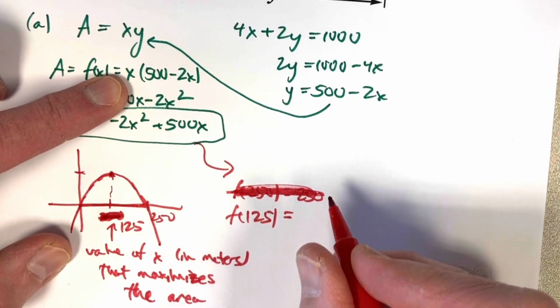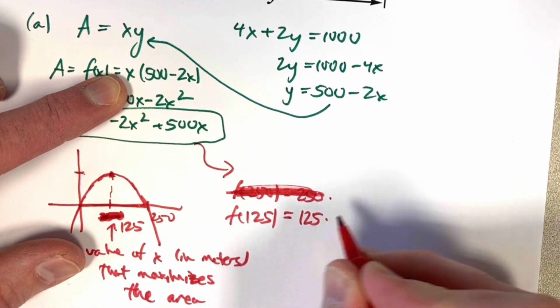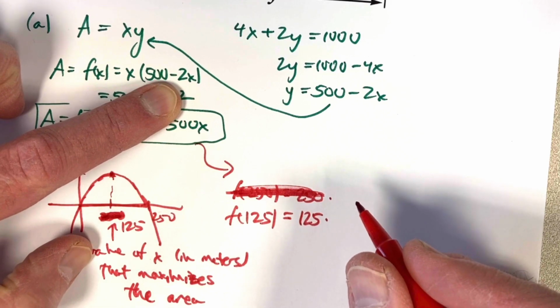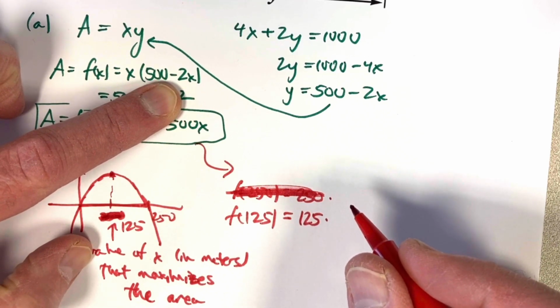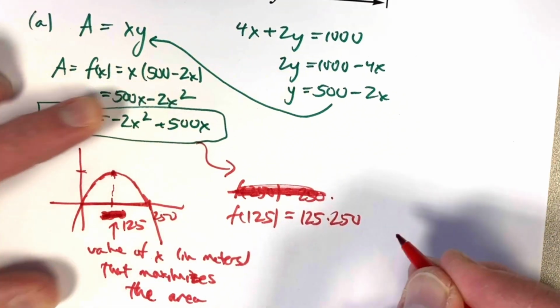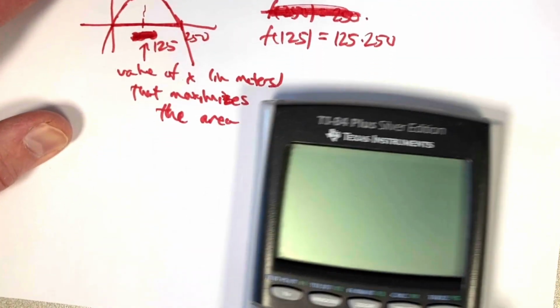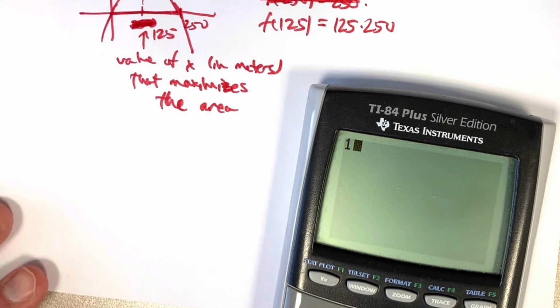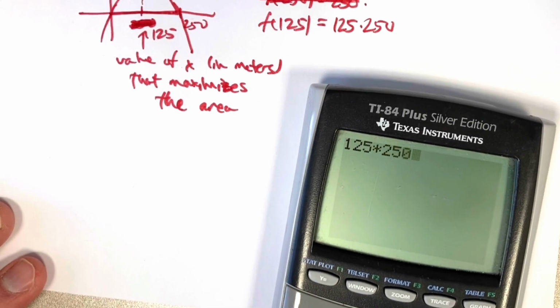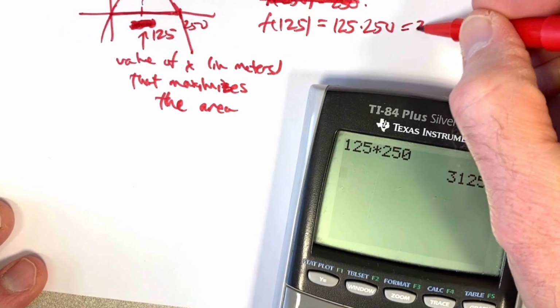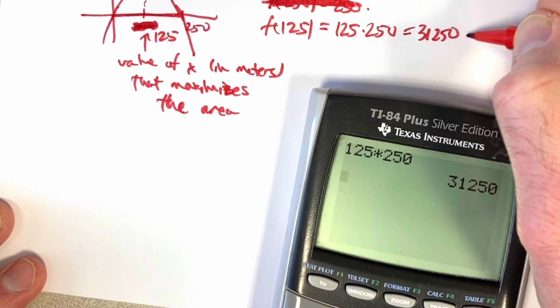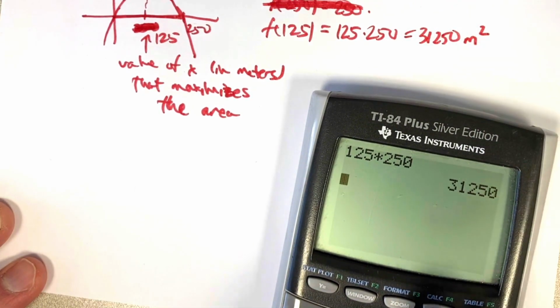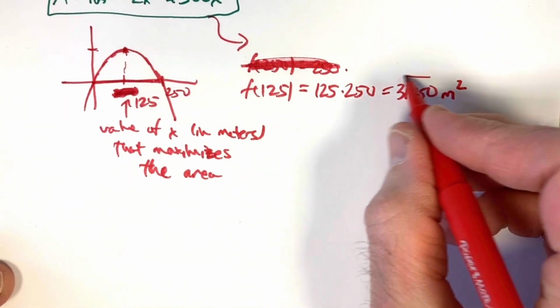Probably easier in the factored form. 125 times 500 minus 2 times 125. 2 times 125 is 250. 500 minus 250 is 250. Going too fast here, I think. So I get 125 times 250. The maximum area is 31,250 square meters. That'll be the maximum area.